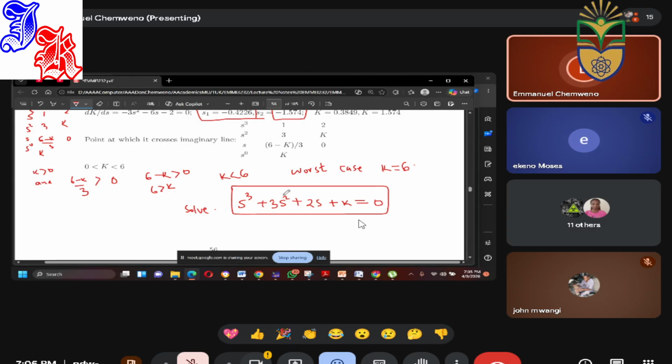It is difficult to solve because it's order 3, but if we replace s is equal to j omega and then group real terms and imaginary terms, the imaginary terms become minus j omega cubed plus 2j omega is equal to 0.